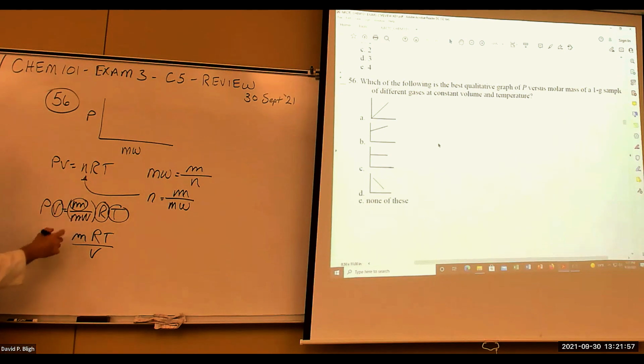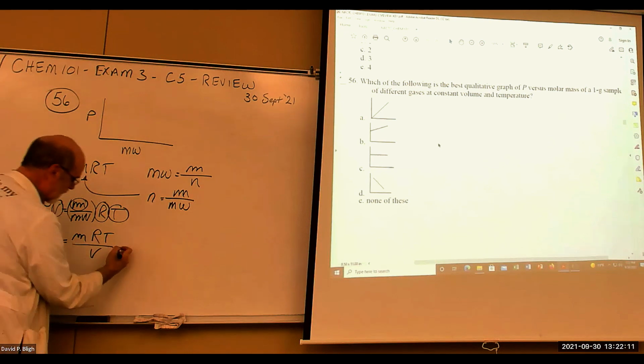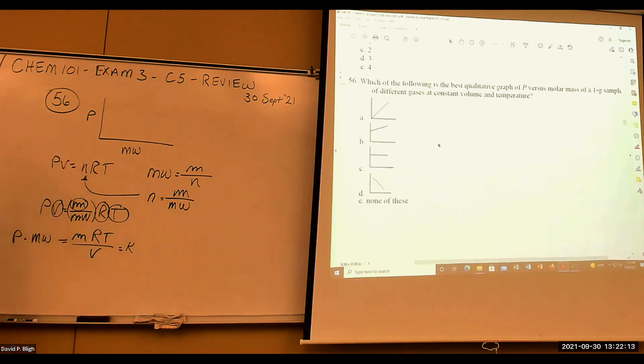We got molecular weight, correct? So molecular weight comes over here from the denominator to the numerator on this side. Pressure times molecular weight. These are not changing. That means that they're equivalent to a constant, correct? Okay, what does that look like?